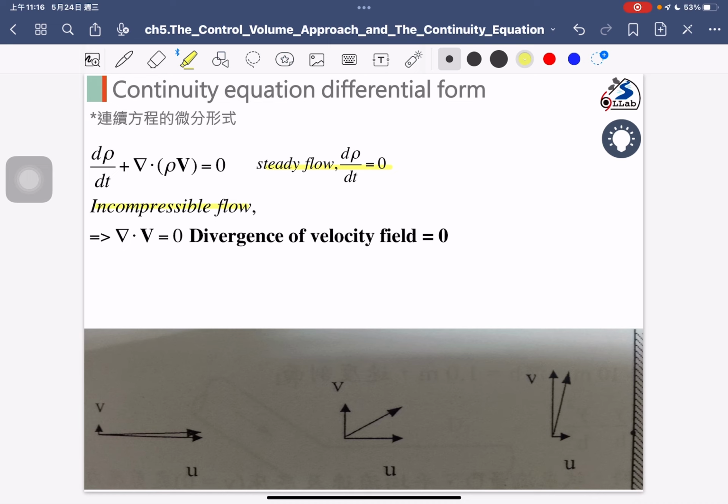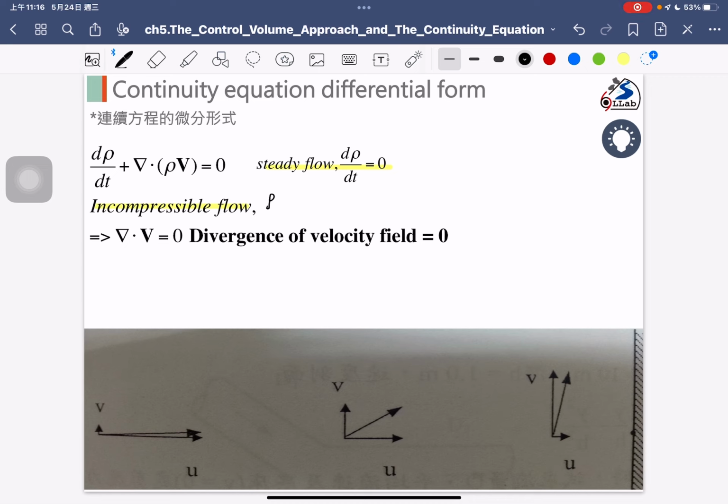That indicates the density also cannot change with spatial position, which means all locations of the fluid particles have the same density. So the flow cannot be compressed, and we can say it is incompressible flow.